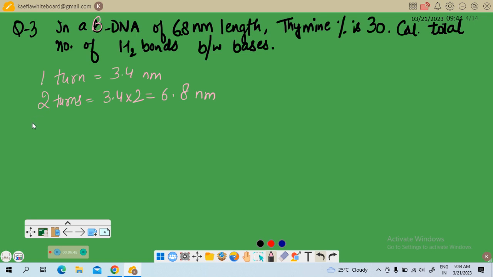Because 2 turns are there, the number of bases will be 40 bases. We just need to see 20 bases per turn in a DNA molecule.